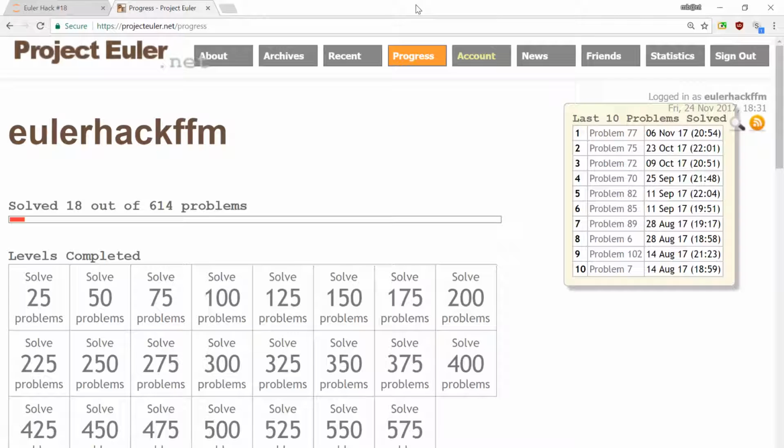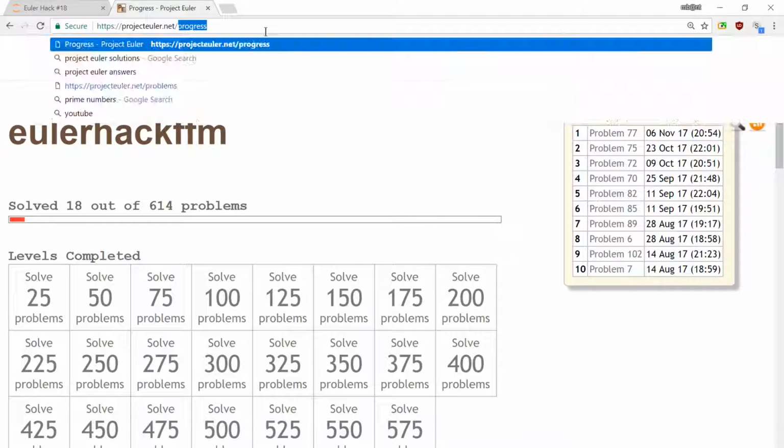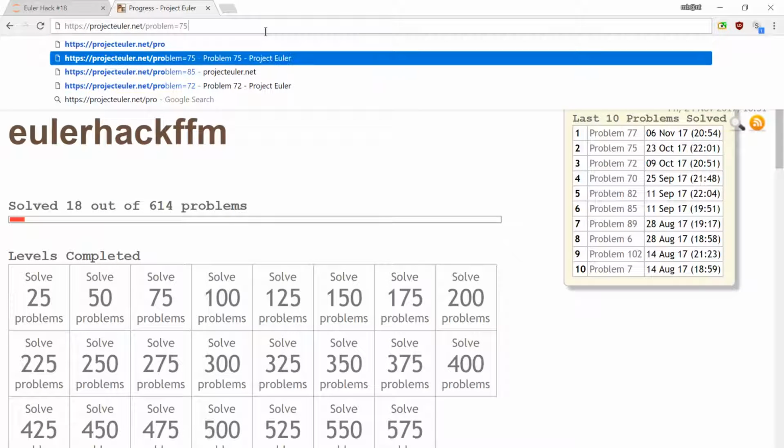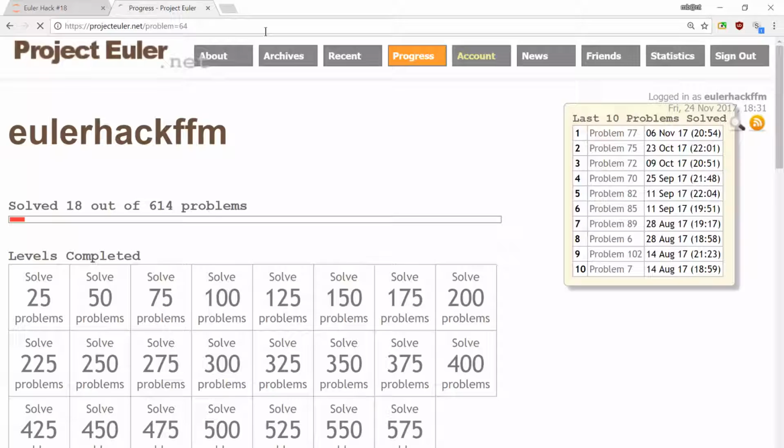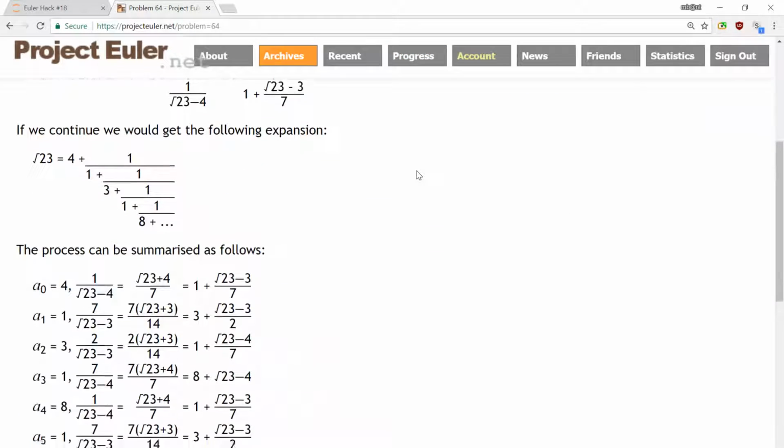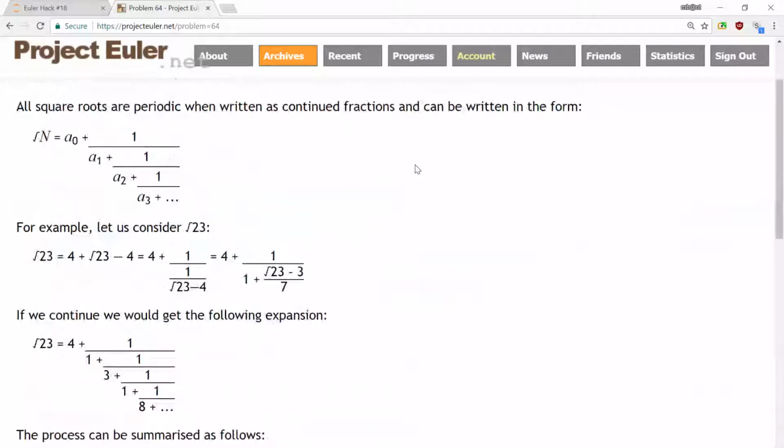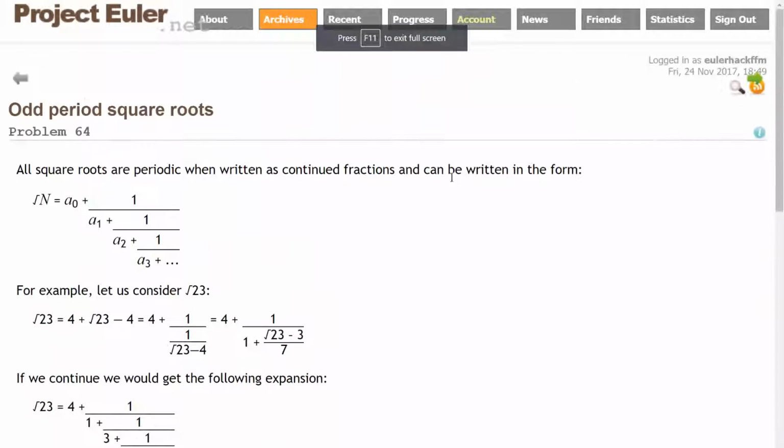Okay, so problem 64. Okay, lots of text. Let's see. Odd period square roots. There's two sides. Long description.